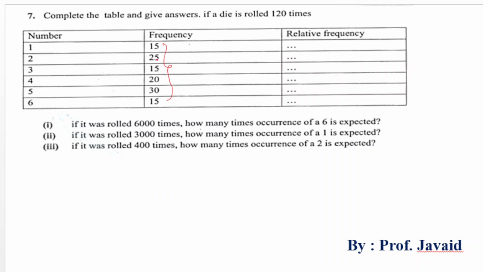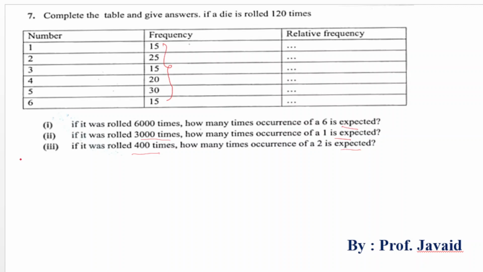Frequency means basically how many times. It is asking: if it was rolled 6,000 times, how many times is a 6 expected? Same like that: if it was rolled 3,000 times, how many times is the occurrence of 1 expected? And the third is: if it was rolled 400 times, how many times is the occurrence of 2 expected? First of all, we have to solve one by one.